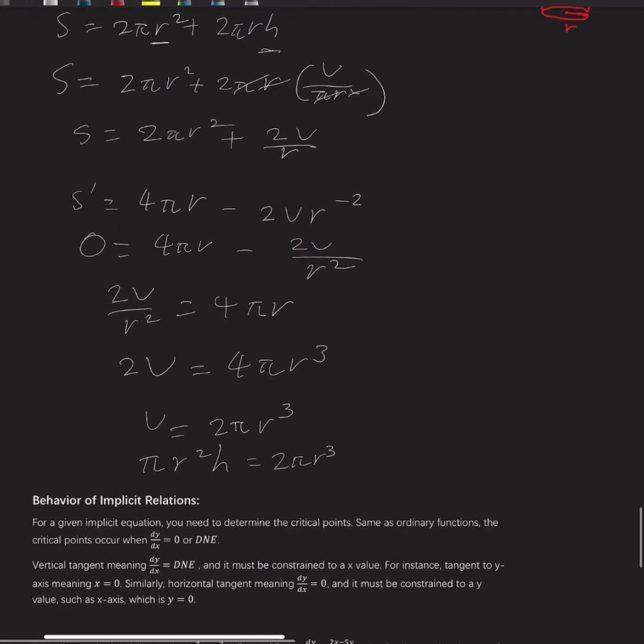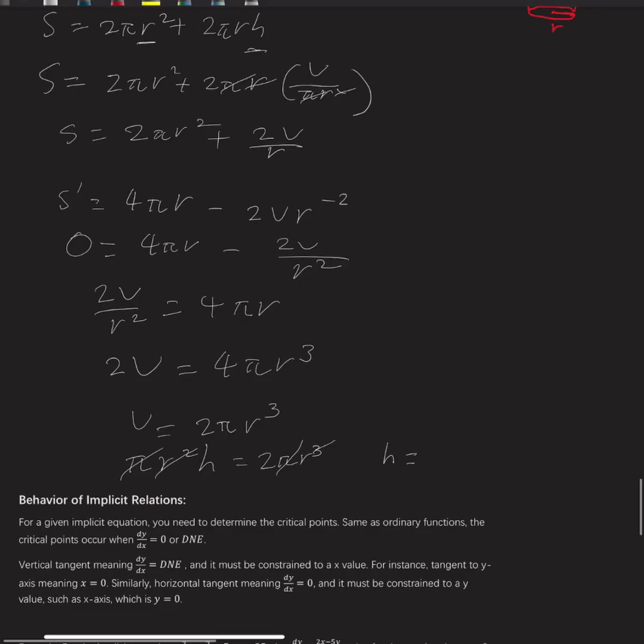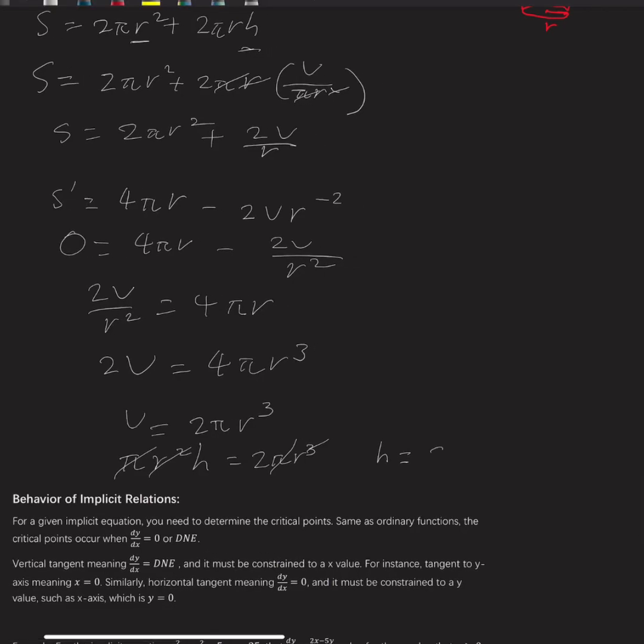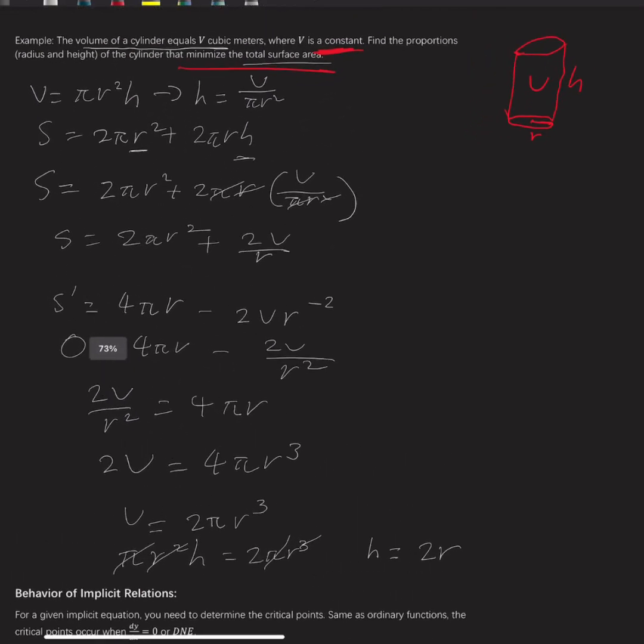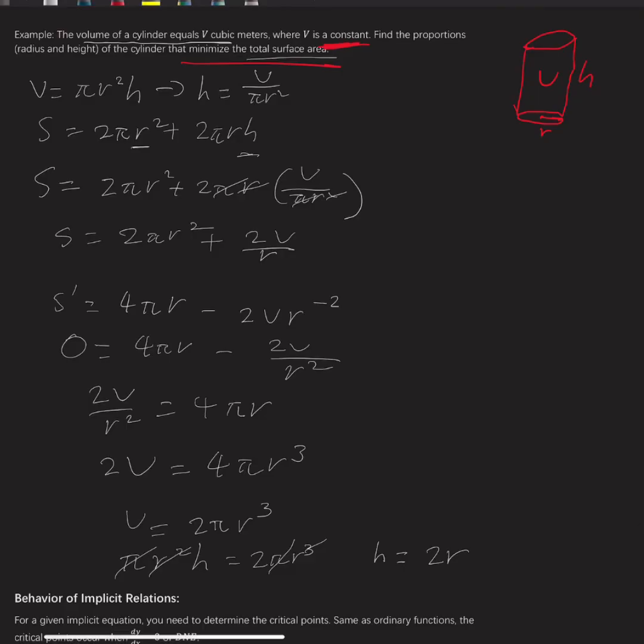So h is equal to 2r, since the pi cancels out and two of the r cancel out, which means the height is equal to the diameter of the base. Then it will have the minimum total surface area.